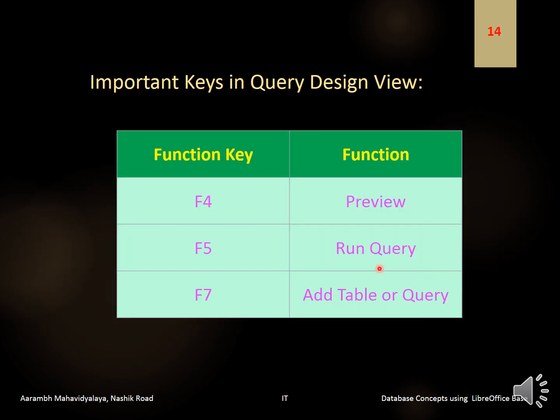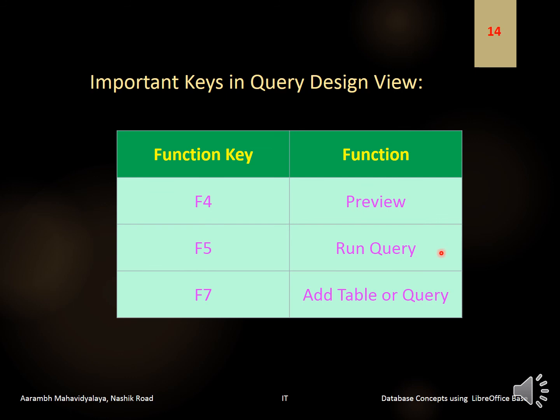Now first we have seen that to run the query we can use the function key F5. Similarly, we can use function key F4 to preview the query. We can preview the web page. Similarly, if we have to print any page, at that time we see its preview.